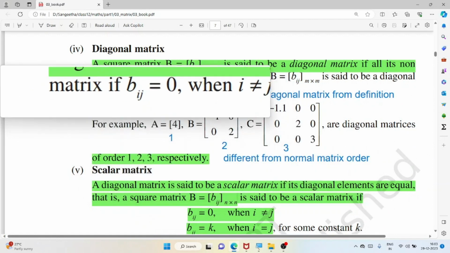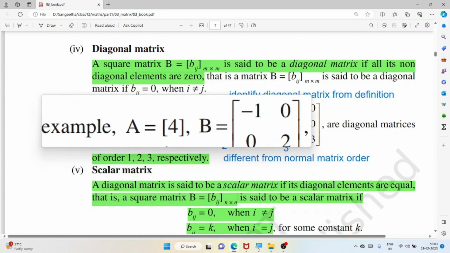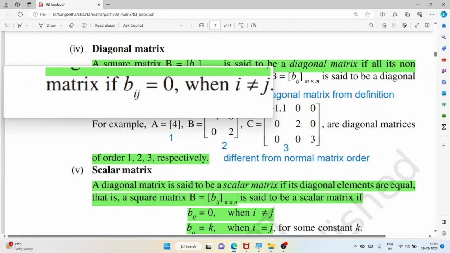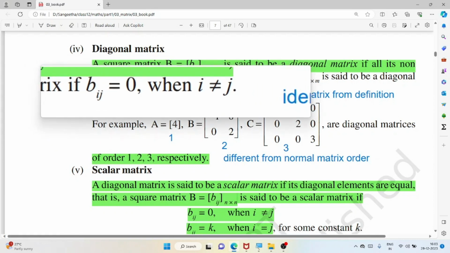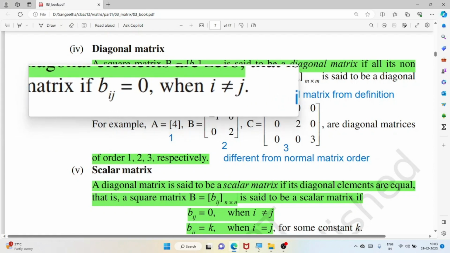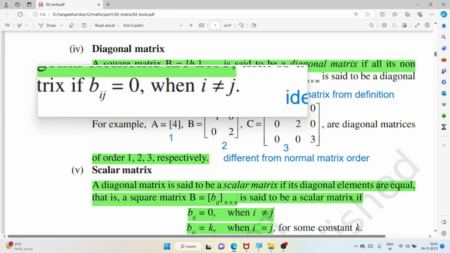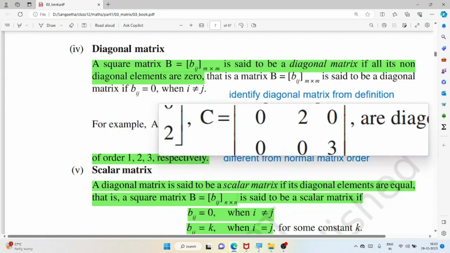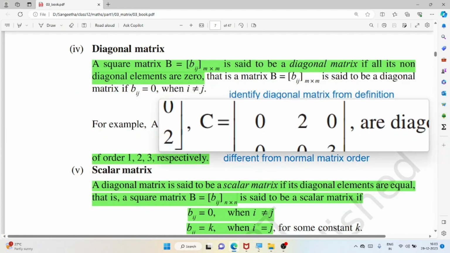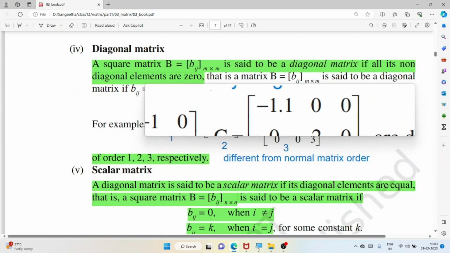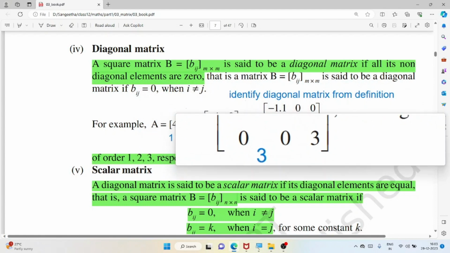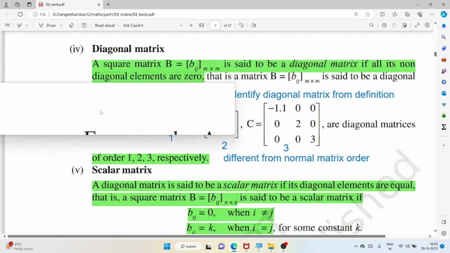So from the given definition you should be able to tell what matrix is a diagonal matrix. If they give a definition like this, then you should be able to tell it is a diagonal matrix, because Bij equals 0 when i is not equal to j. See this 0 here, i is not equal to j. When i equals j, there is a number here. So this is a diagonal matrix.